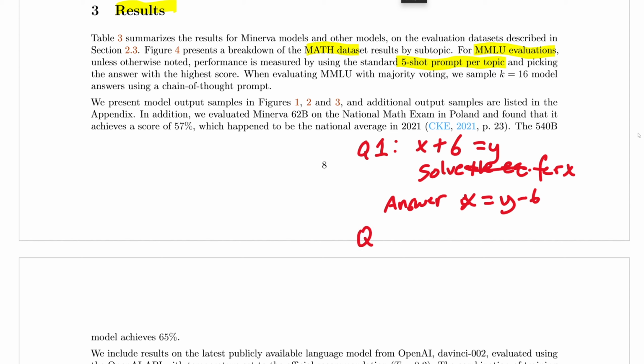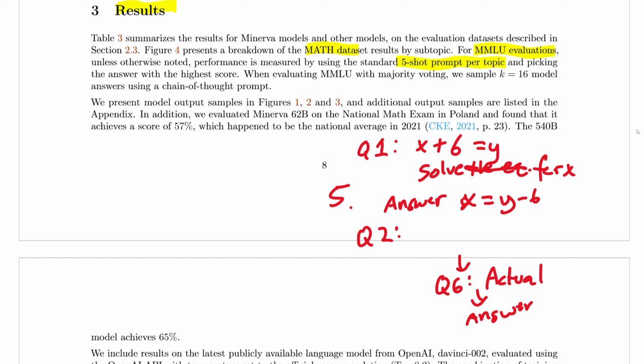And then they would have Q2. Obviously, the problems are harder than this, but the idea is that you prompt the model with 5 of these different questions, you feed these into it, and then you give it the final question. So question 6 is going to be the actual question. Once you give the actual question, it gives you an answer, and that answer is what you use as your final answer. At least that is one way you could do it.